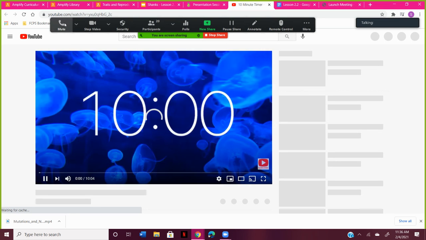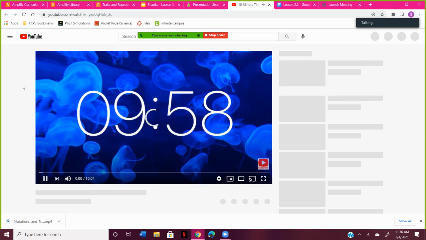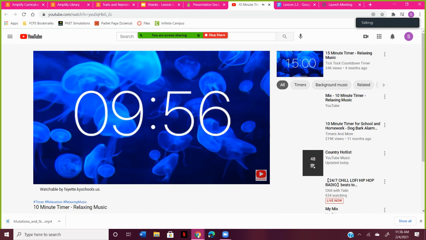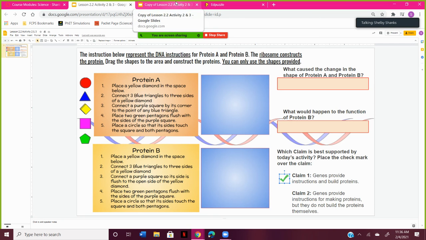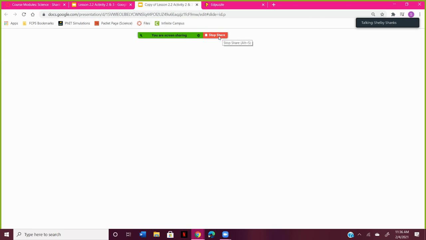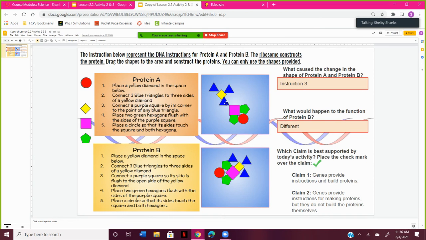Wait, how do we connect the triangles to the yellow thing? Okay, let me go show you. I don't want to do it on this page, but if you're looking at this screen, I made a copy of it. I just connected them with the corner of it. You don't have to line them up exactly, it's kind of hard.